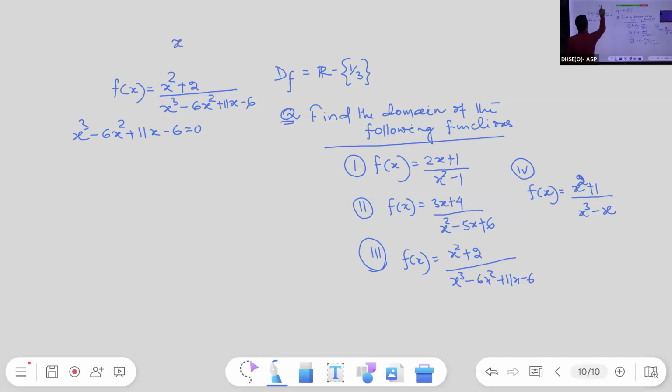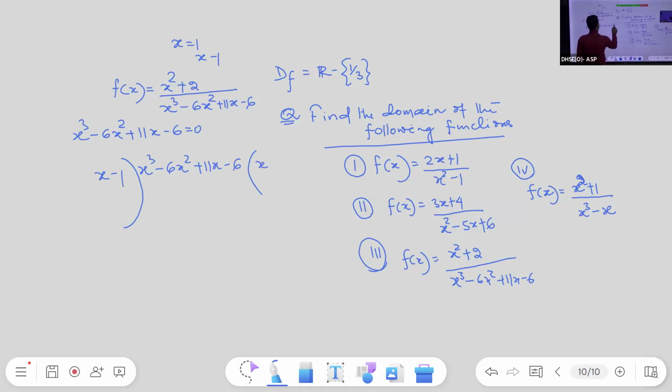Since x is equal to 1 is a root, so x minus 1 is a factor of that expression. That means the expression x cube minus 6x square plus 11x minus 6 is completely divisible by x minus 1. By long division, we can find the quotient.